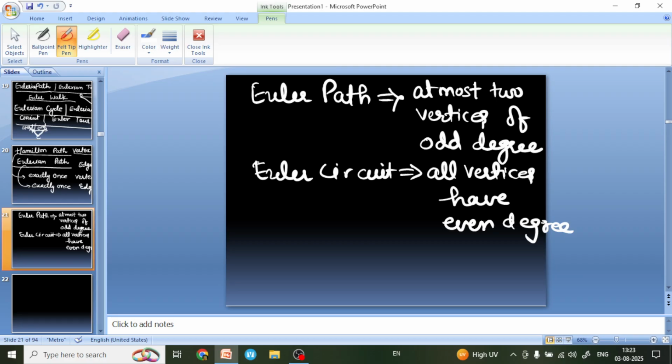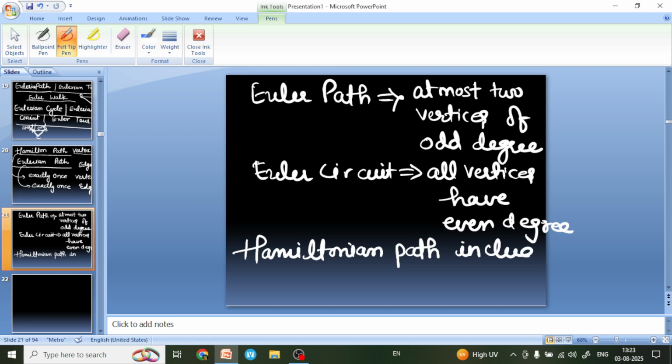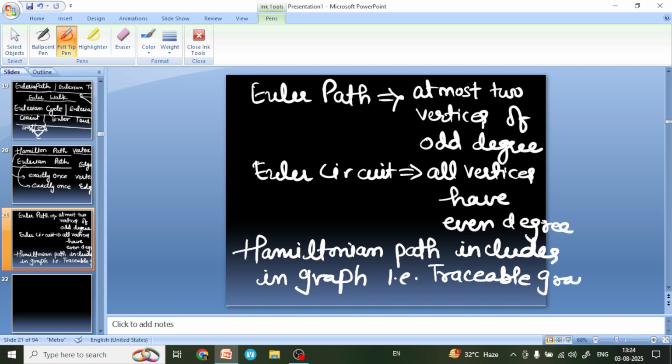Means a graph which includes a Hamiltonian path is known as a traceable graph.